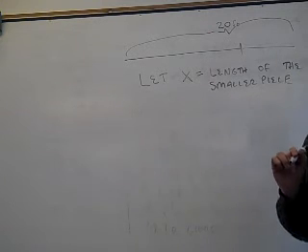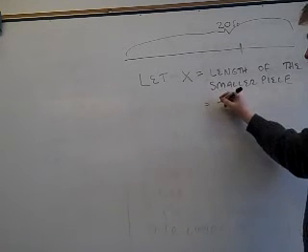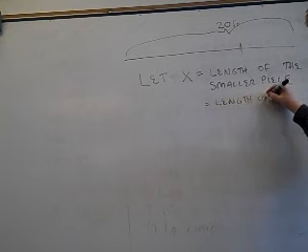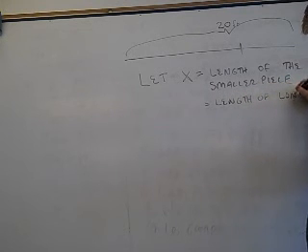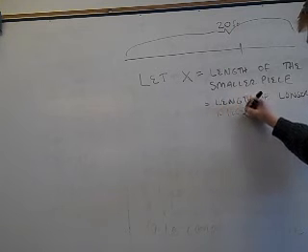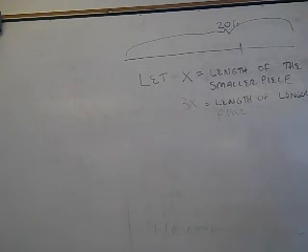If we know X is the length of the smaller piece, we know the longer piece has got to be 3 times bigger. So the length of the longer piece is 3x, 3 times x.